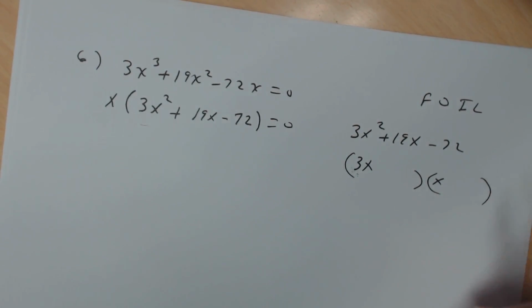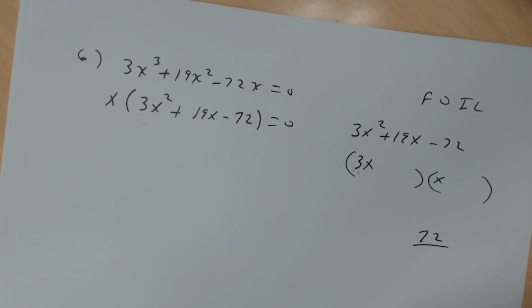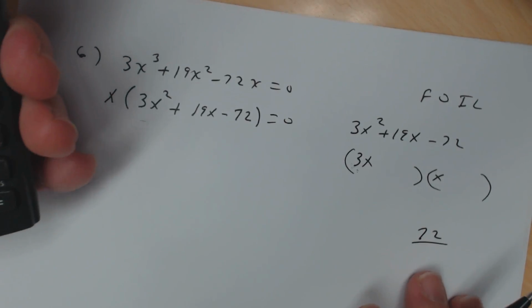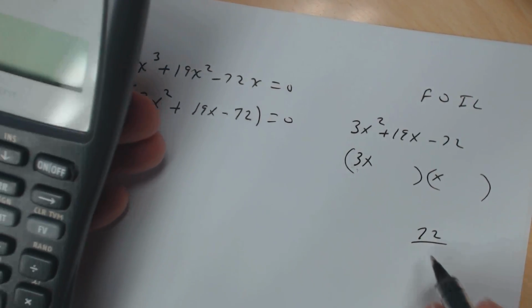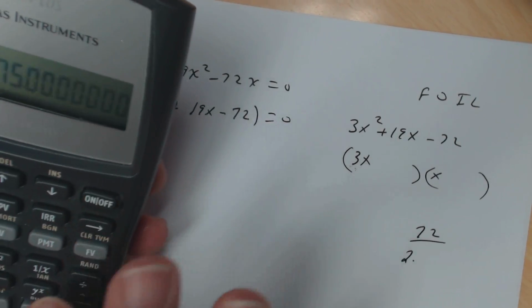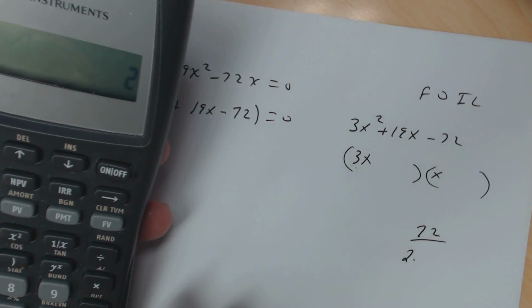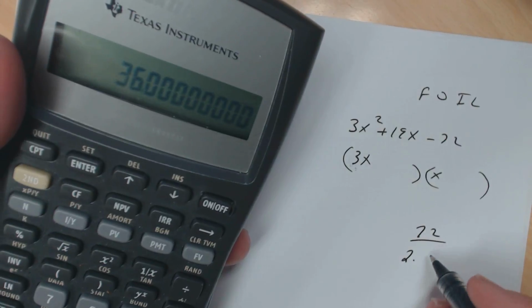All right, now let's think about 72. Two numbers whose product is 72, and use your calculator if you have to. For example, let's suppose you start with 2. 2 times, and you say 72 divided by 2, you get 36.